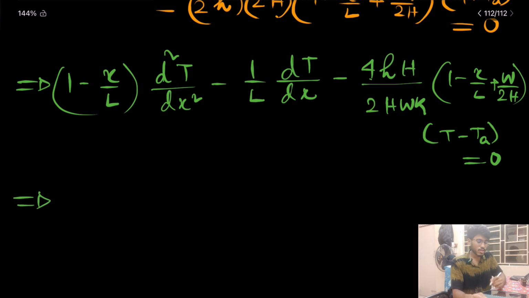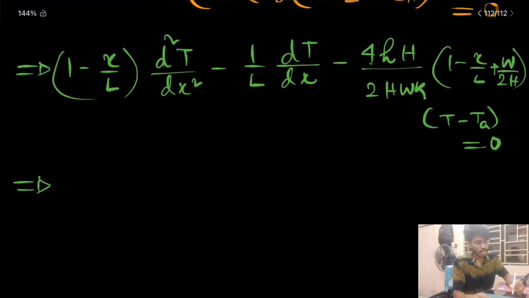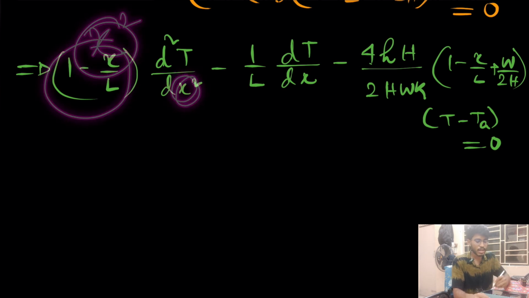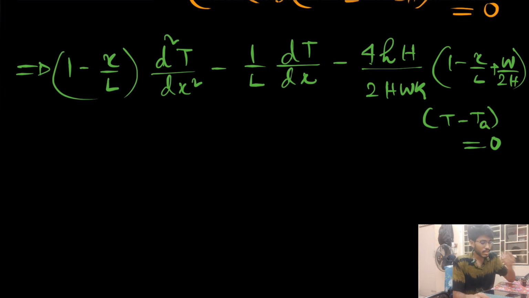I am just doing these steps to make this equation comparable with the Bessel equation, sorry, okay. So now let me do a transformation. See, if I am having x here, I also need to have x square here, but only x here, but I am having 1 minus x by L here.